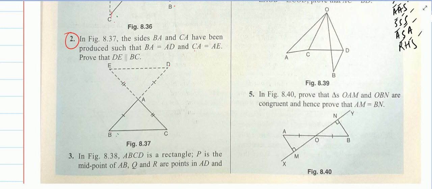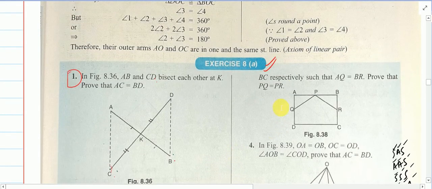Okay, so now let us see question number 3. Here it says in figure 8.38, ABCD is a rectangle. P is the midpoint of AB. Q and R are points in AD and BC respectively, such that AQ equal to BR, prove that PQ is equal to PR.